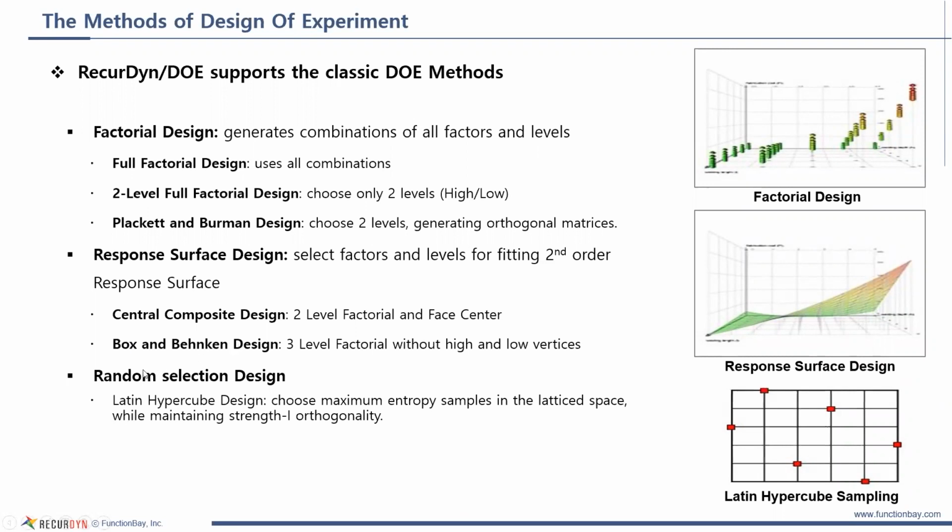And then there's also this random selection design method, which includes the Latin hypercube design method. This is where it's choosing the maximum entropy sample space in the lattice space, while maintaining strength 1 or orthogonality.